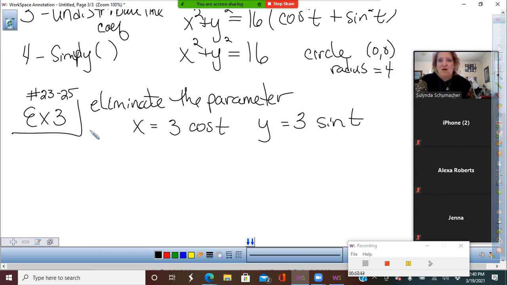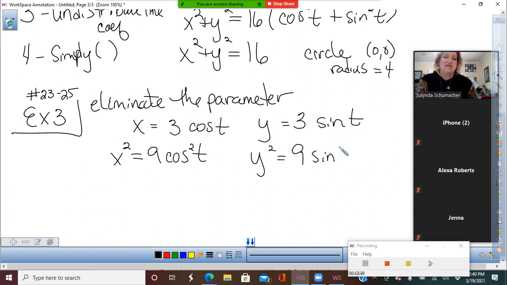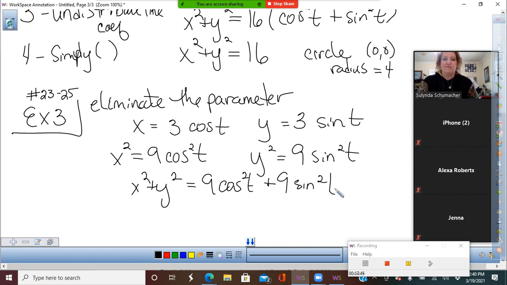All right. So first thing we do is we square both sides. So you get x squared equals 9 cosine squared t. Over here, we have y squared equals 9 sine squared t. Now we add our left together and we add our right together. So we have x squared plus y squared equals 9 cosine squared t plus 9 sine squared t.